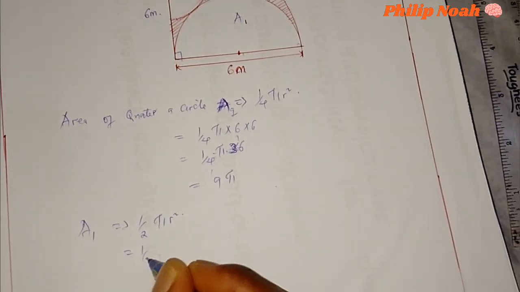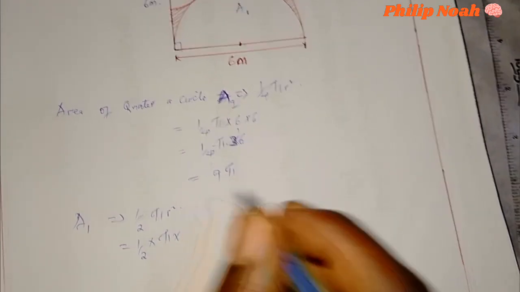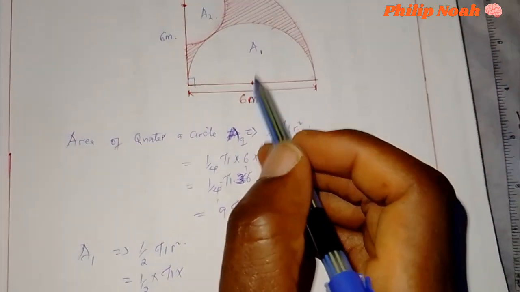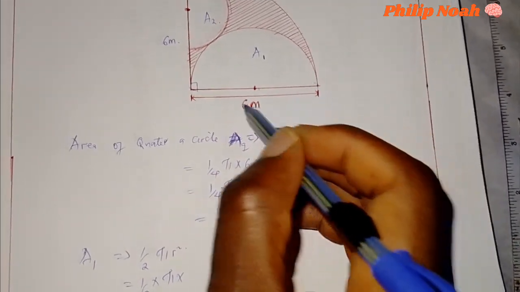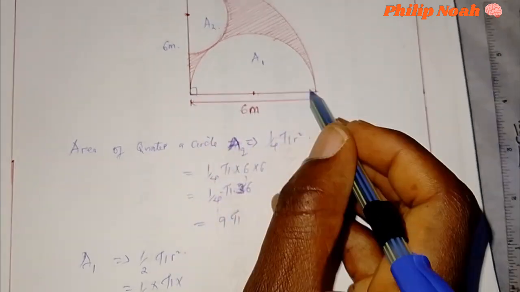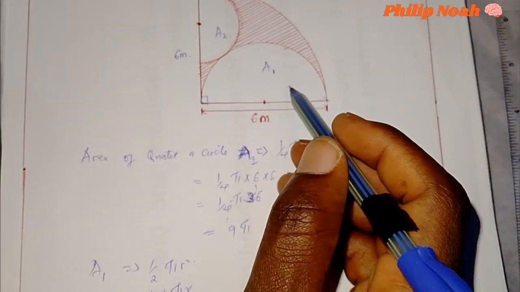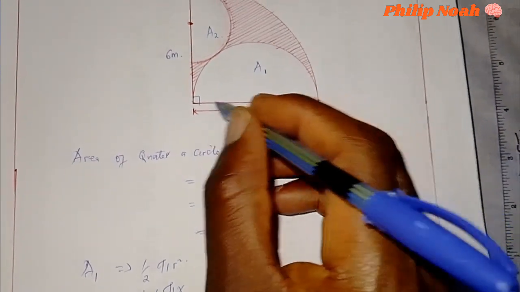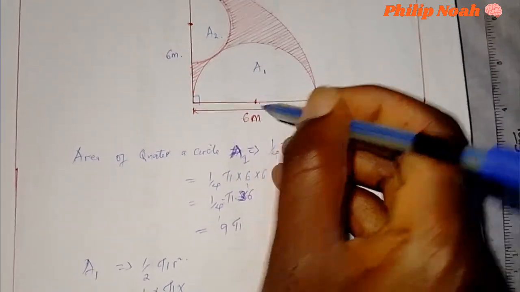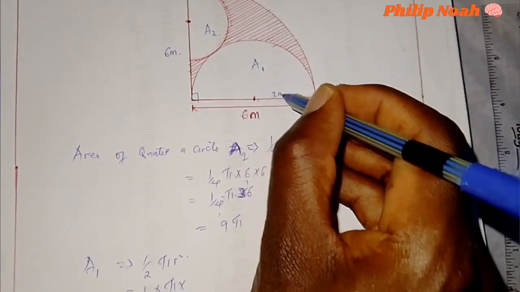The distance from this point to this point is 6 meters. This is the diameter of this semicircle. So the radius of this semicircle is half the diameter, meaning the radius r for semicircle 1 will be 6 divided by 2, which becomes 3 meters.